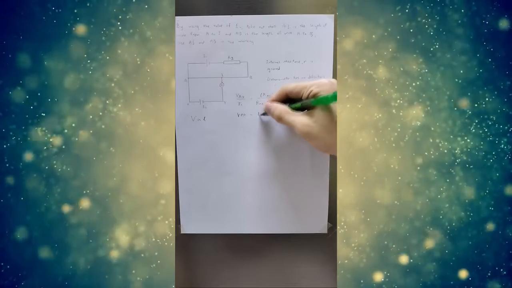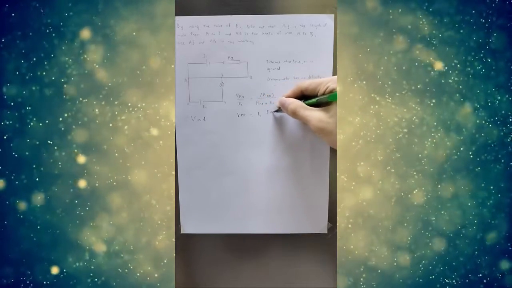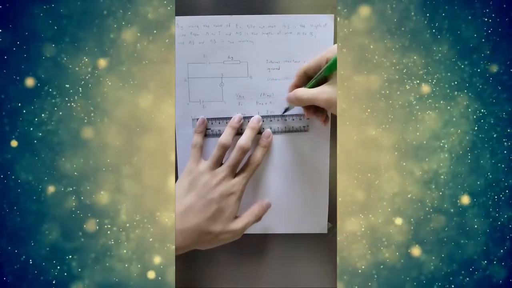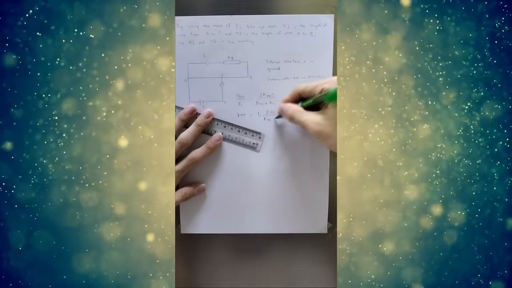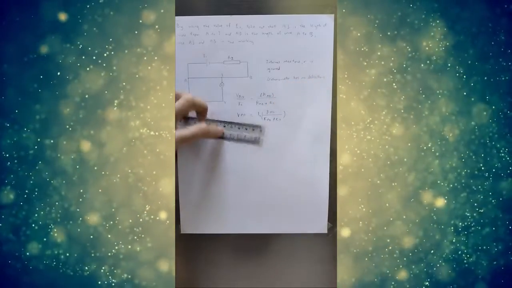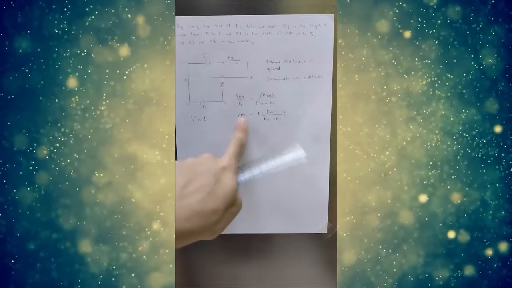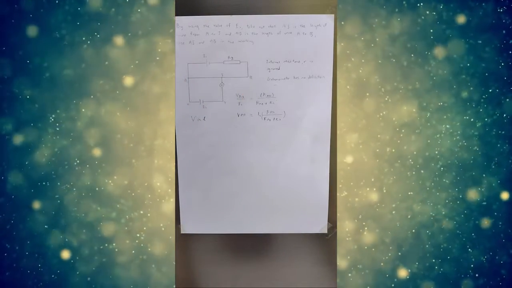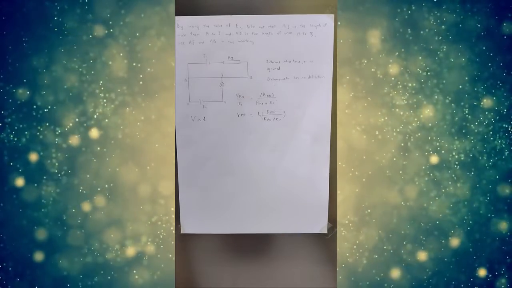We get E1 times RAB over RAB plus R3. So this is the value of VAB. Then after that, we need to find VAJ.